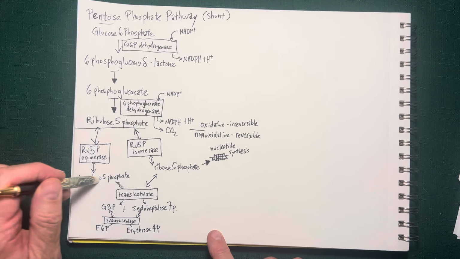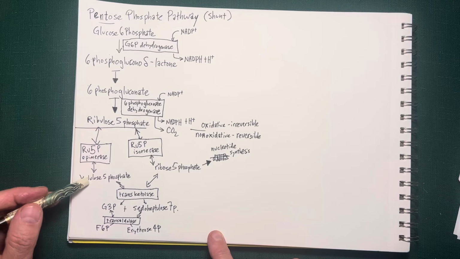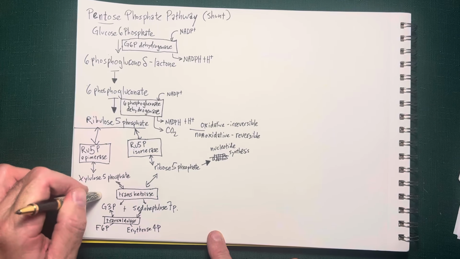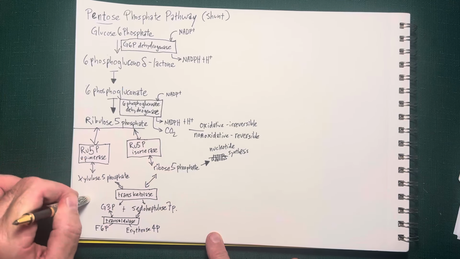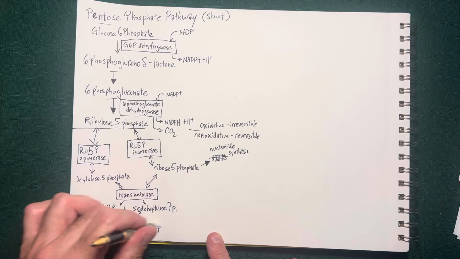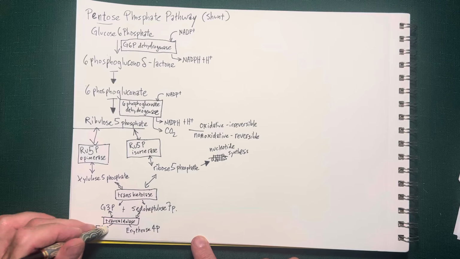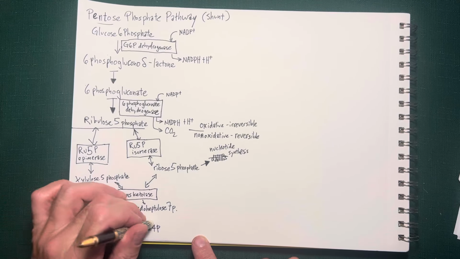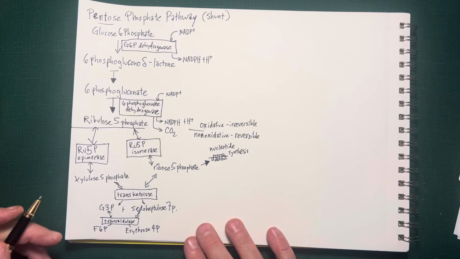So 10 carbons here. We get 10 carbons here, only now instead of being 5 and 5, it's 3 and 7. Once again, we get F6P, fructose 6-phosphate, and erythrose 4P.